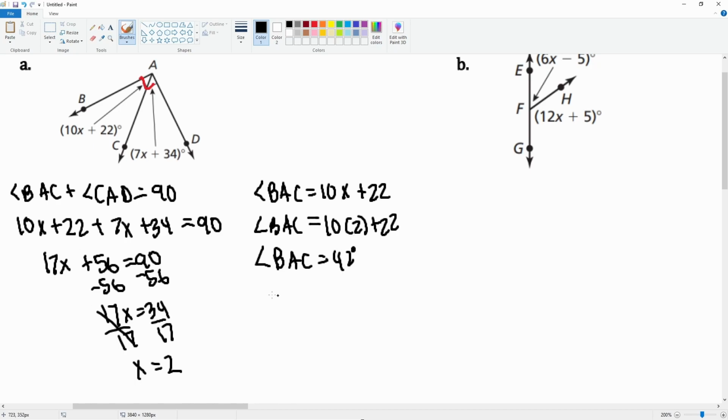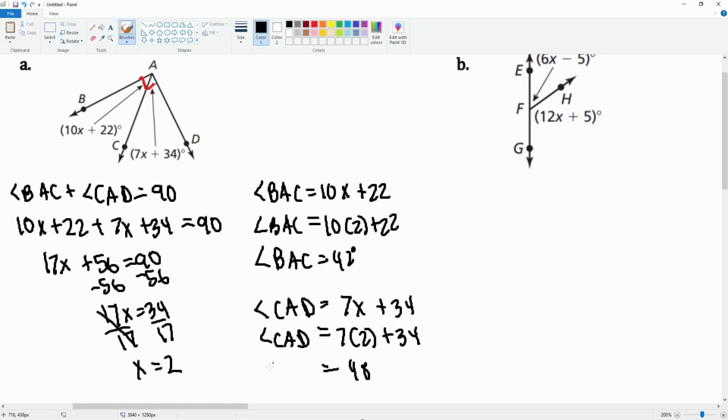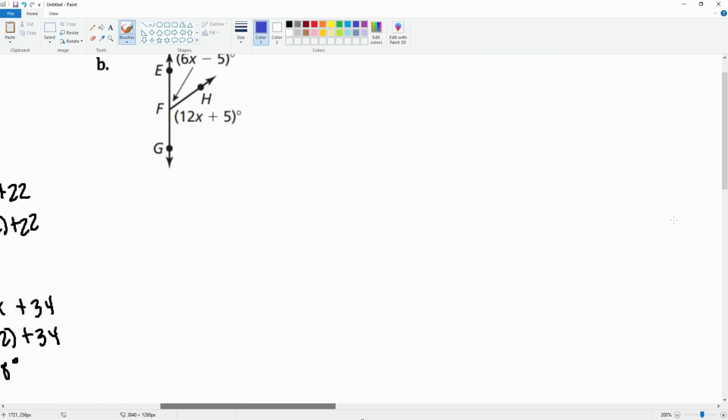Again, I'm going to solve for CAD by just plugging in the value. 7x plus 34. 7 times 2 plus 34, which is going to be 48. That is what angle CAD is. Let me just label this to confirm. This is BAC, so this is 42, this is 48. These two do add up to make 90, so that's how we double checked our work.